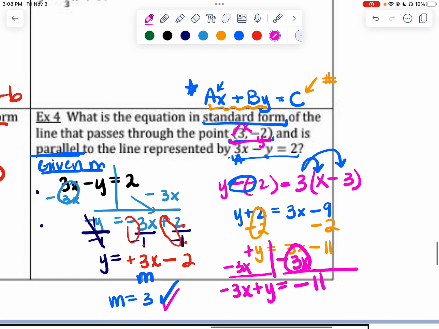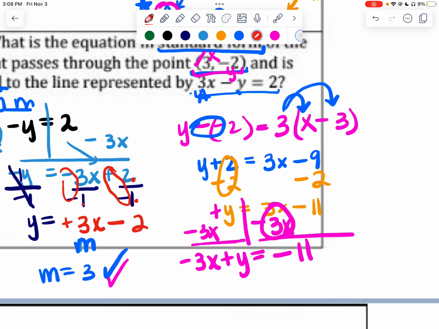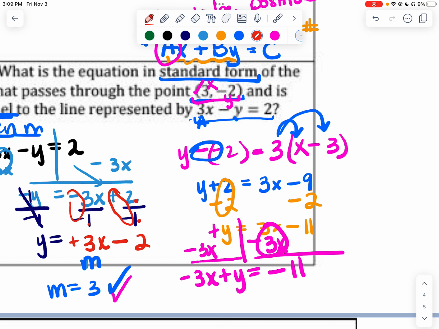There's something else though. I know, it's like, oh, we did so much work. This A right here cannot be negative. Has to be positive. So if I want that to be positive, I'm going to do one more thing, and that's it, I swear. I'm going to multiply this by negative 1.